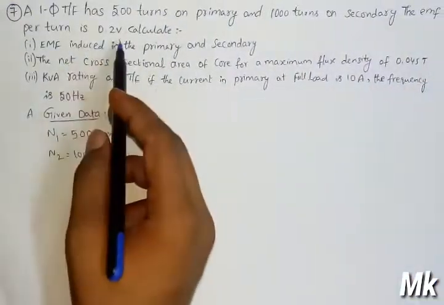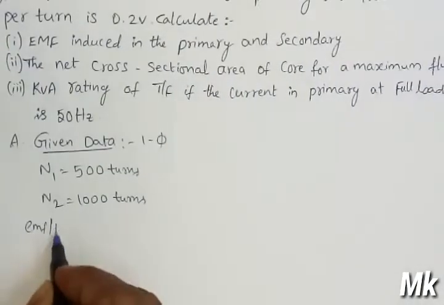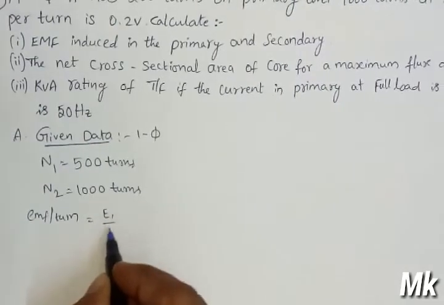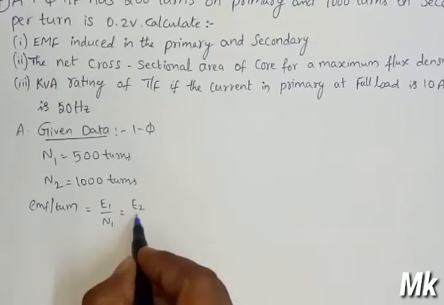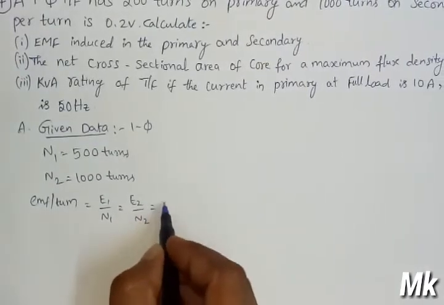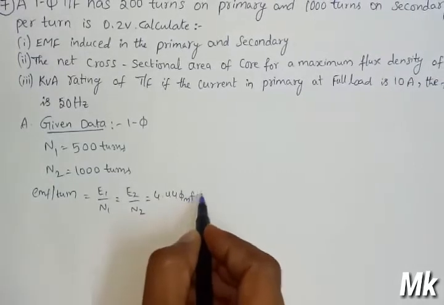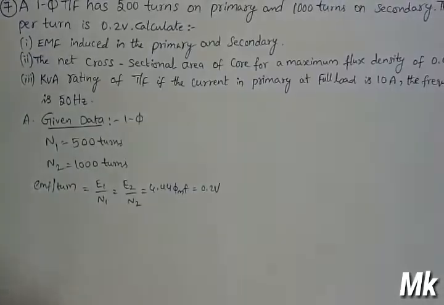The EMF per turn is 0.2 volts. That means EMF per turn is equal to E1 by N1, E2 by N2, that is equal to 4.44 f phi m, which is 0.2 volt.